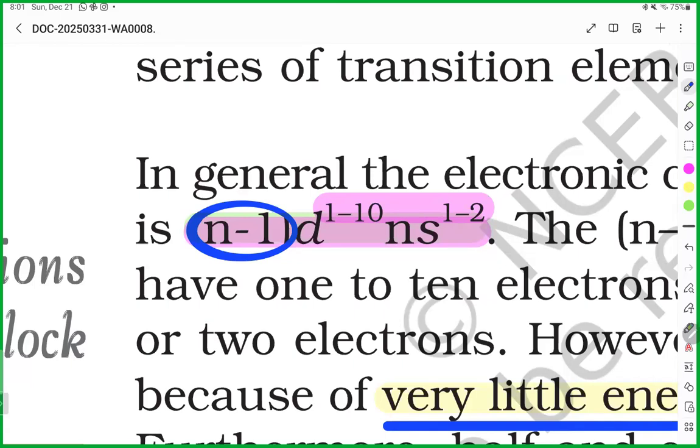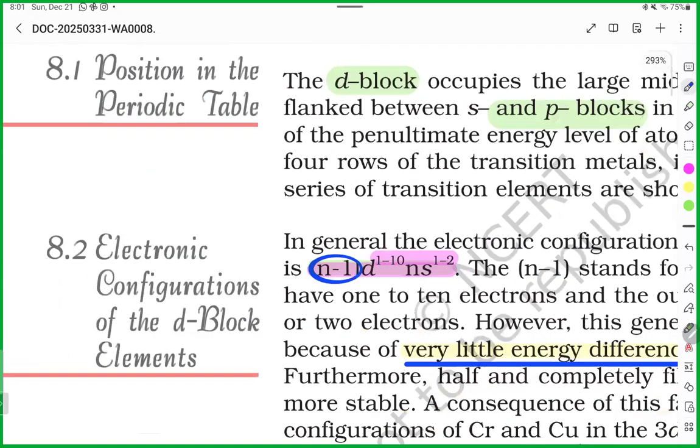Sarah, what is the name of the n minus 1 shell? Sarah, are you there?